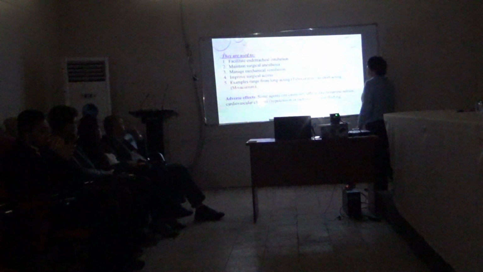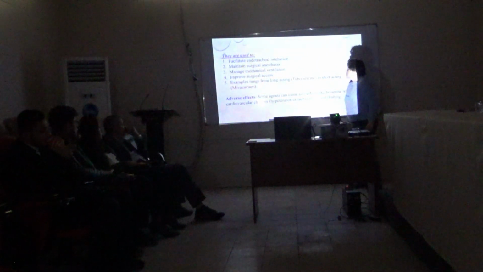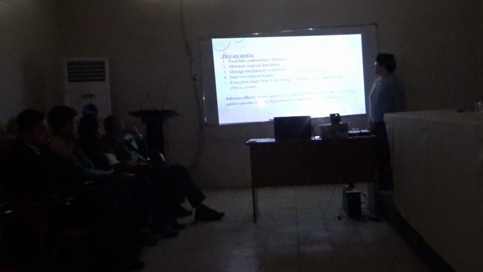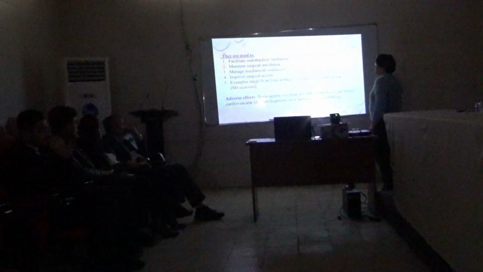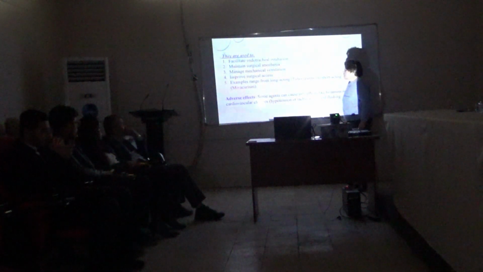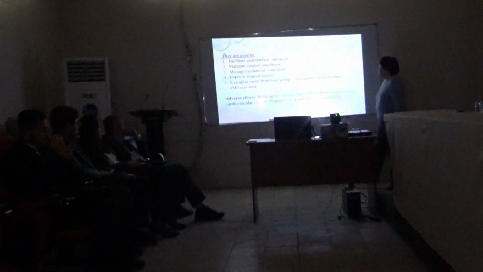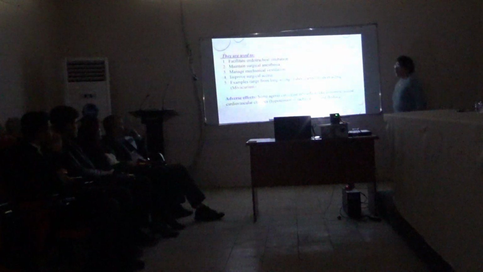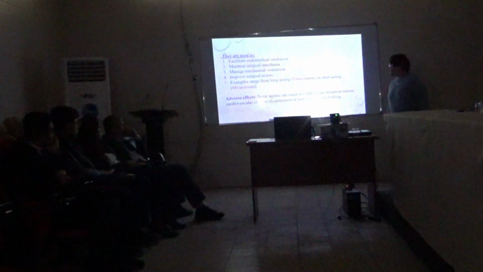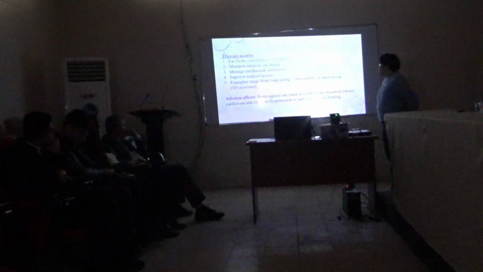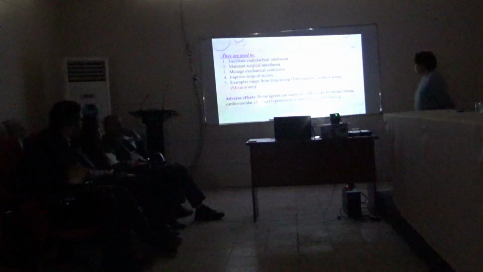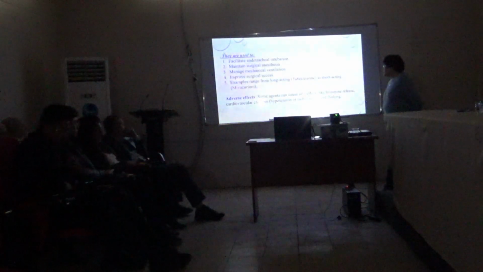This group is used for these conditions: facilitate endotracheal intubation, maintain surgical anesthesia, manage mechanical ventilation, improve surgical access. Examples range from the long-acting tubocurarine to the short-acting mivacurium. The adverse effects of this group: some agents can cause side effects like histamine release, cardiovascular changes like hypertension or tachycardia, and flushing.